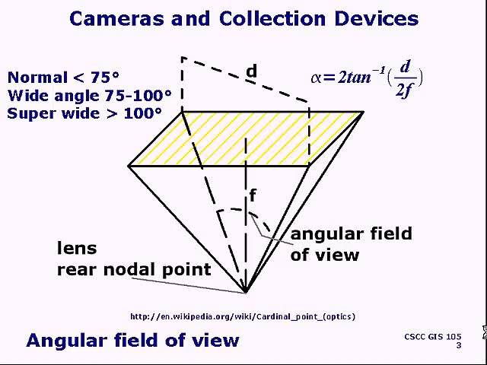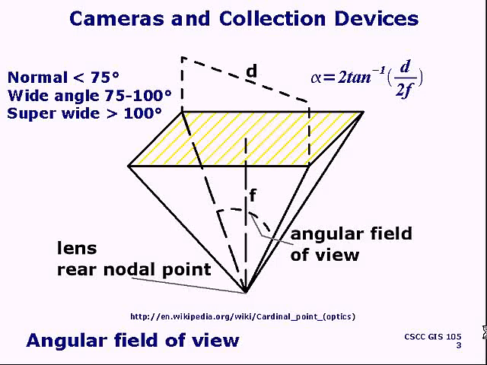The place where the light emerges from the lens at the same angle that it entered from the front is called the rear nodal point. If we were talking about that object space and the image space from the previous lecture, the image space is all reduced down to that pyramid from the nodal point back to the film.